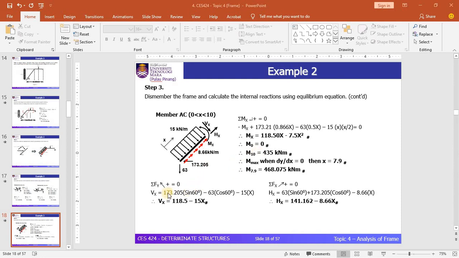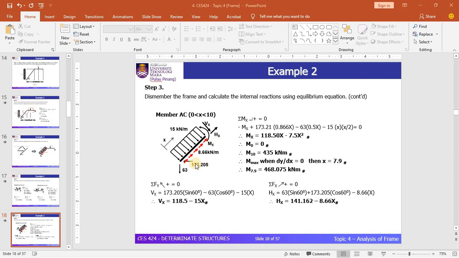By considering the summation of forces in this direction, which is the vertical direction of the local axis for this member, you will get the equation of shear force. You can see that in this direction you have 173.205 sine 60, which comes from this member.